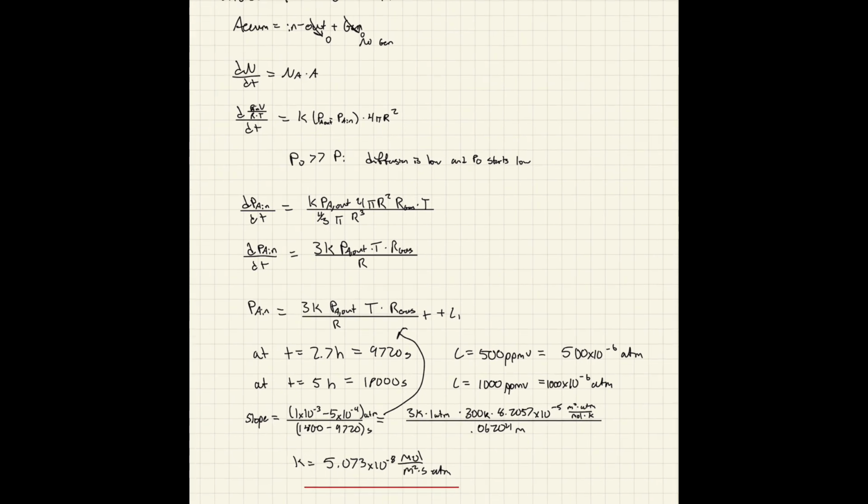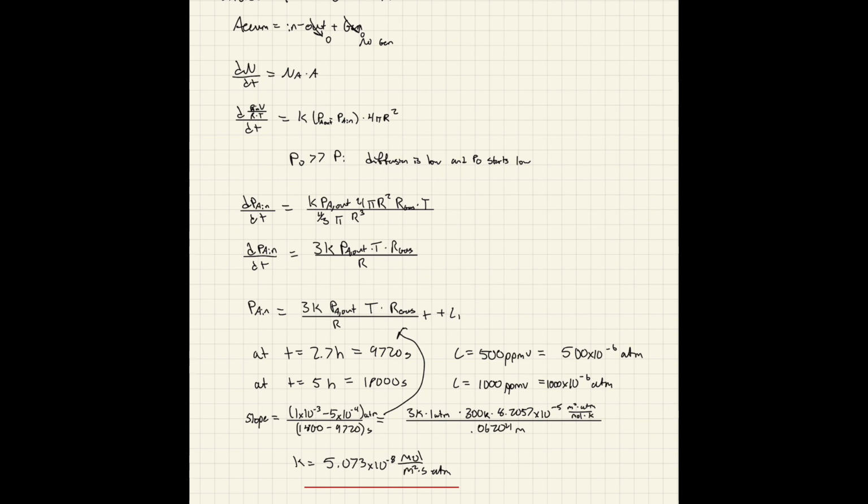Now, because the initial pressure is much less than P naught, we are going to be able to drop out the P_A inside. So we have dP_A inside/dt is equal to K times partial pressure A outside.